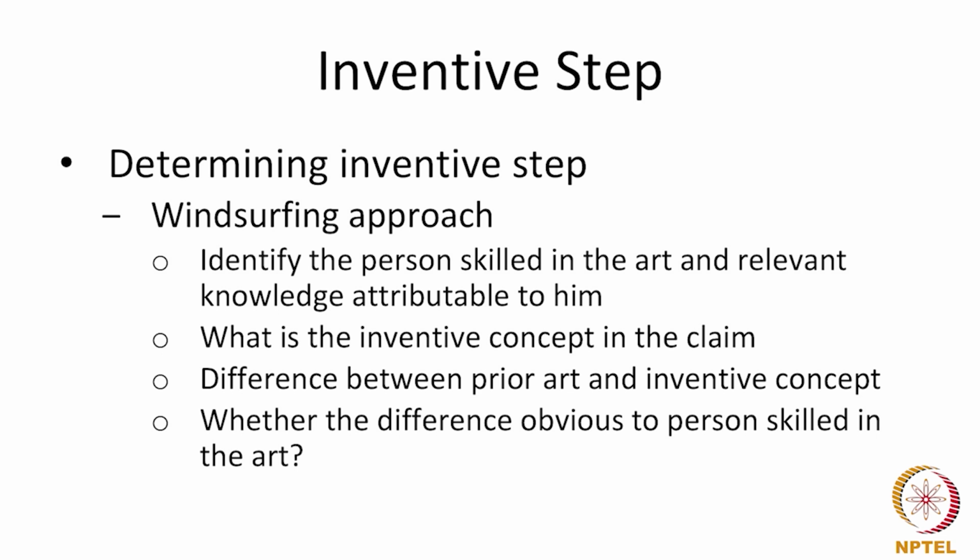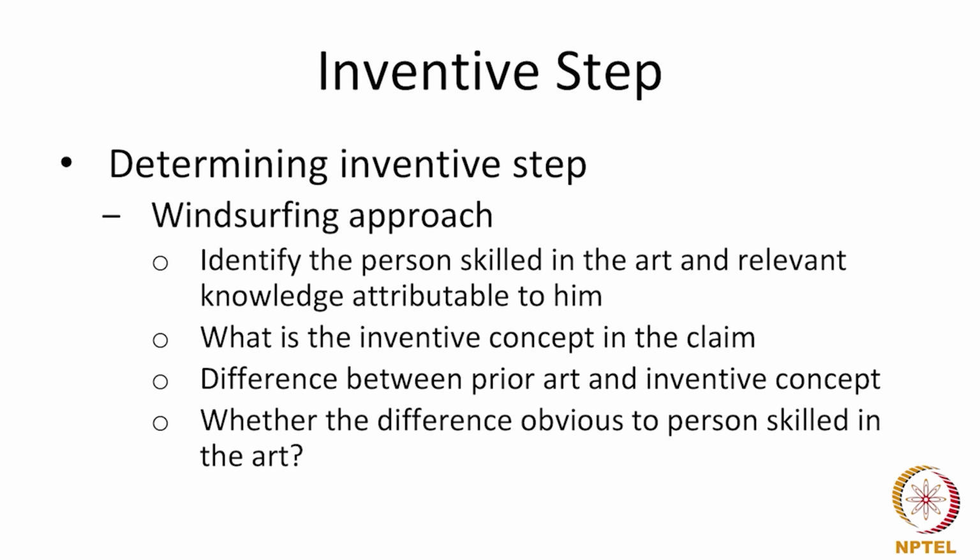So, in essence, any inventive step analysis would involve understanding the invention per se, the inventive concept, identifying the prior art, that is the second step, and seeing whether the movement or the journey from the prior art could have been done by a person and would have been obvious to that person.